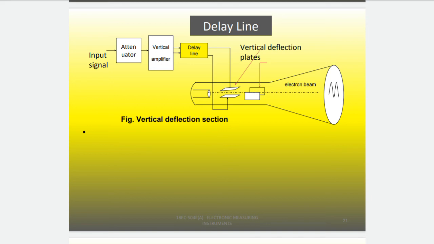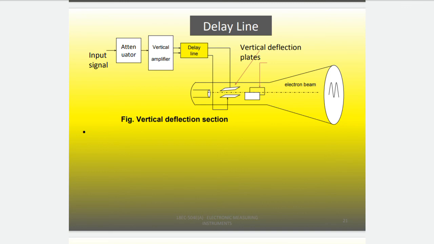If we give the amplified input signal directly to the vertical deflection plates, then what happens? Without the delay line there is no synchronization between the vertical section and the horizontal section.